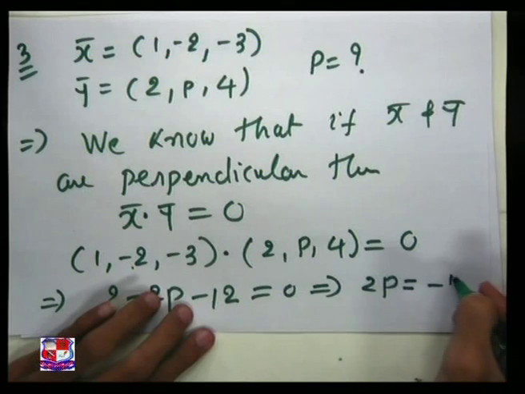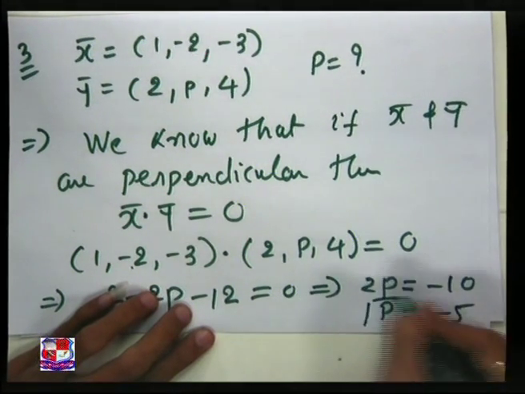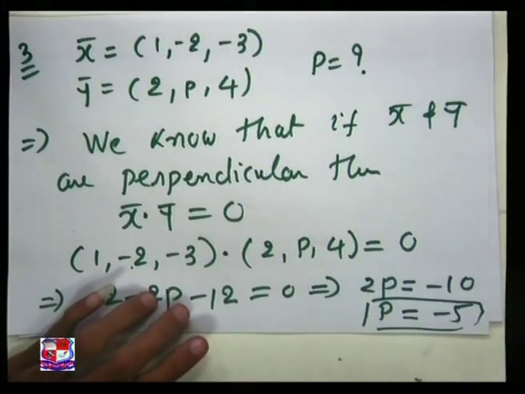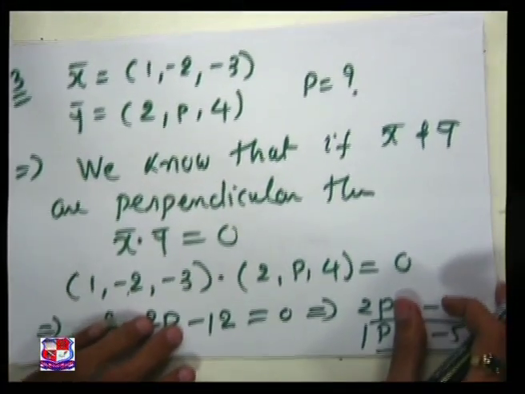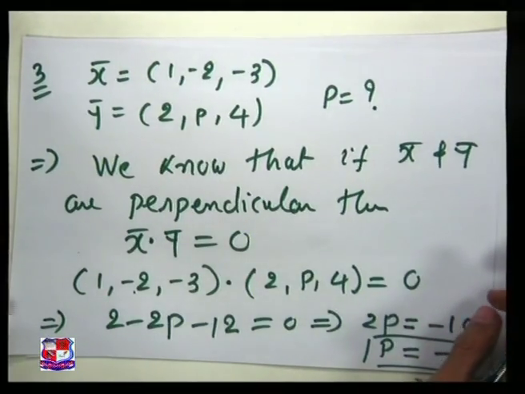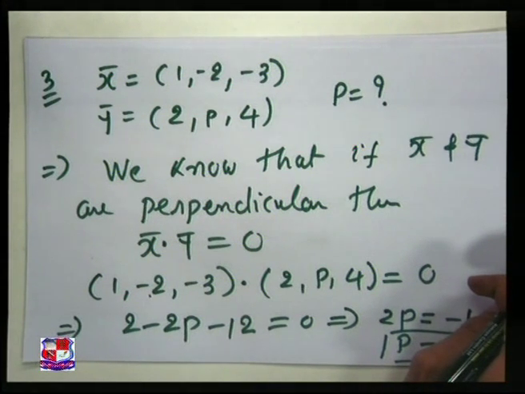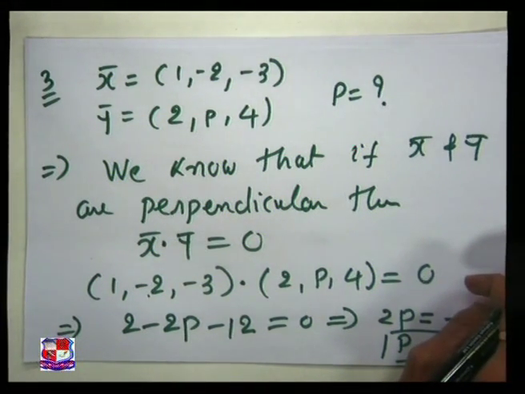So p is equal to minus 5. So for p equal to minus 5, these two vectors are perpendicular to each other. So this is the solution of the third question of question number 5a.